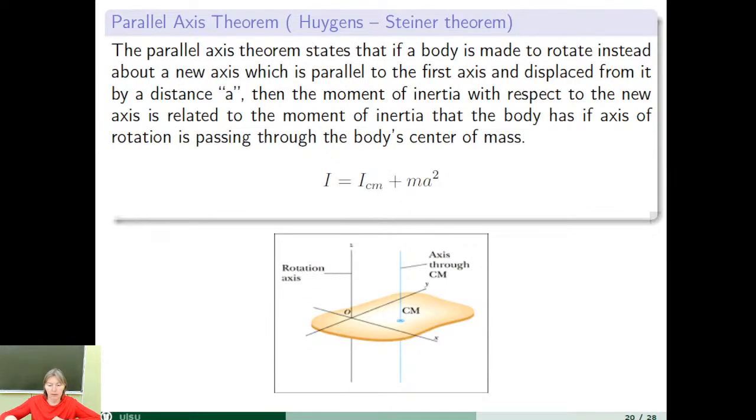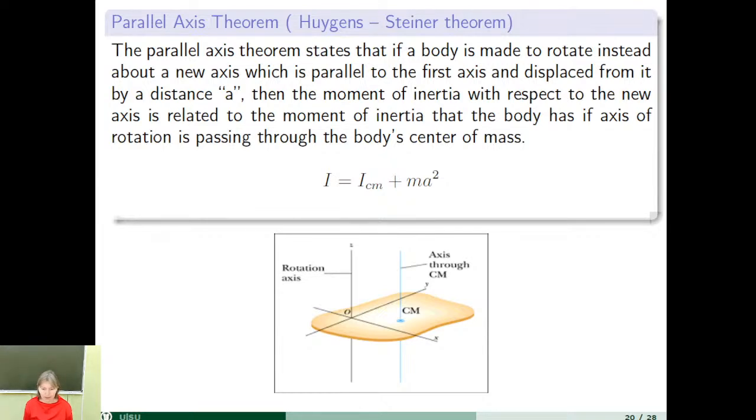R is the distance from the axis. And then, very important, the parallel axis theorem. The parallel axis theorem relates the rotational inertia of a body about any axis to that of the same body about a parallel axis through the center of mass.